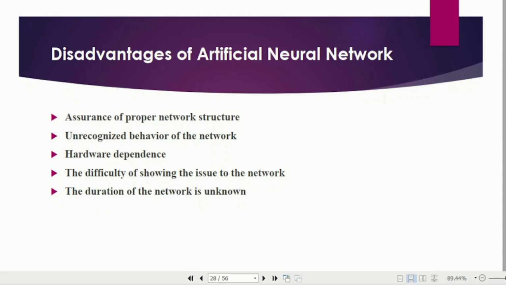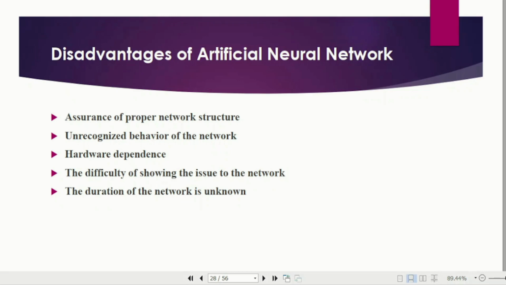So unrecognized behavior of the network is one of the disadvantages of ANN. It is the most significant problem. ANN produces a testing solution, but it does not provide insight concerning why and how. It decreases trust in the network, so that's why there is unrecognized behavior in our network.